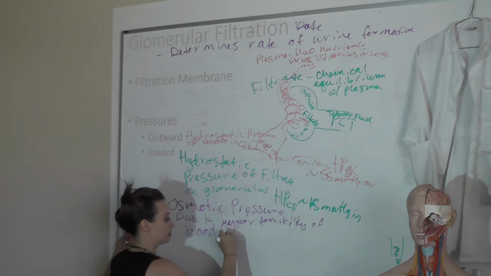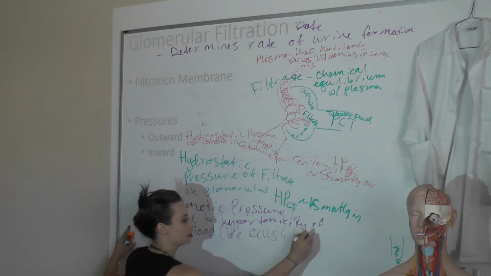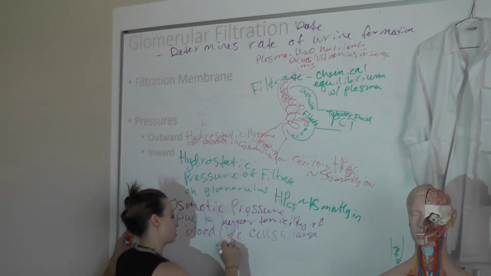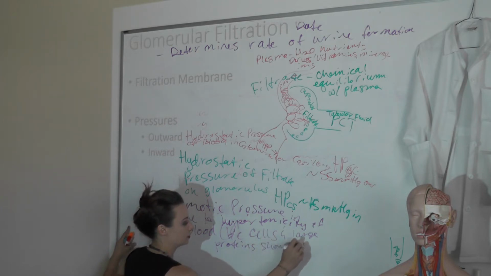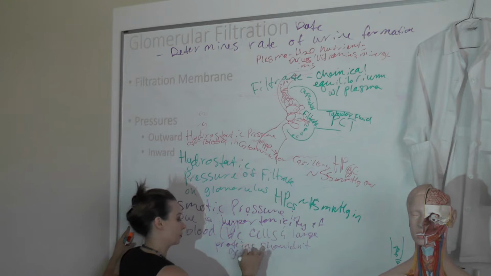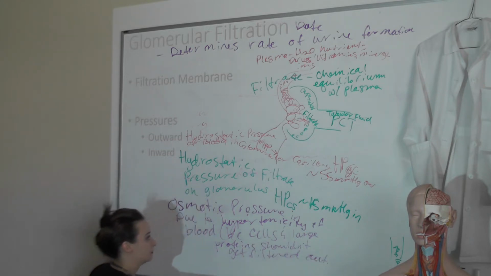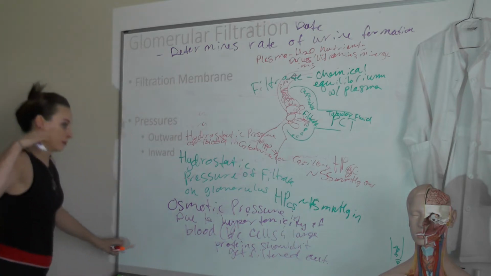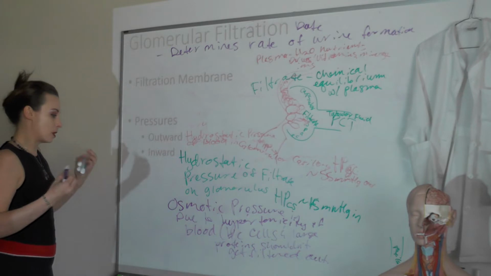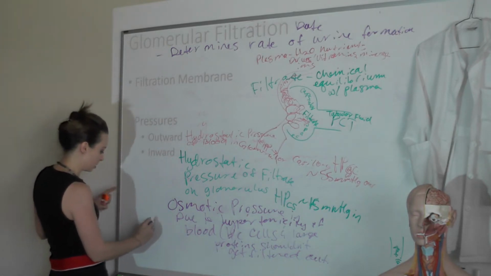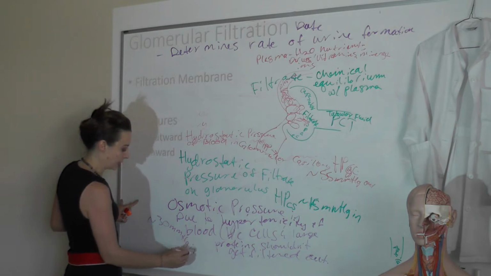And we could put in parentheses because cells and large proteins normally don't get filtered out. So I'll say shouldn't get filtered out. Okay, so, and again, it's around 30 millimeters mercury in.